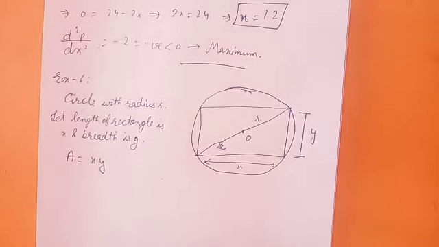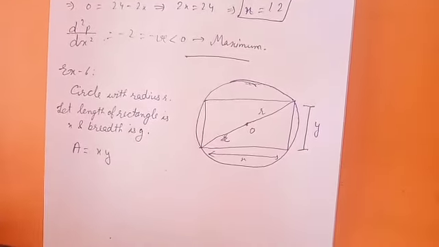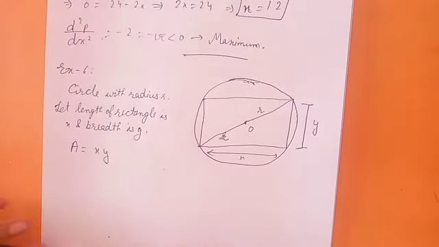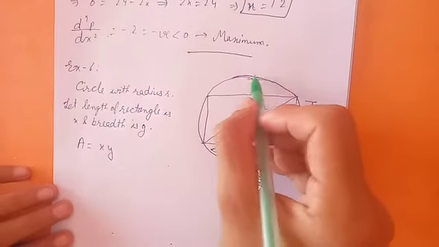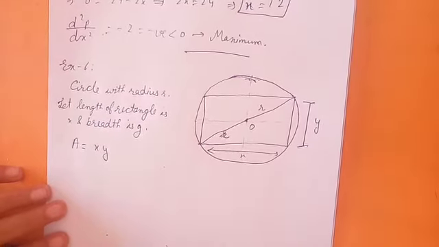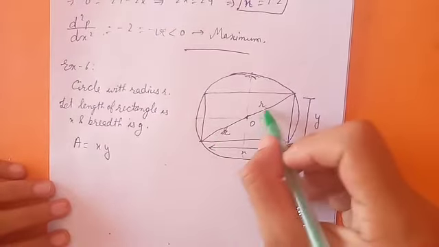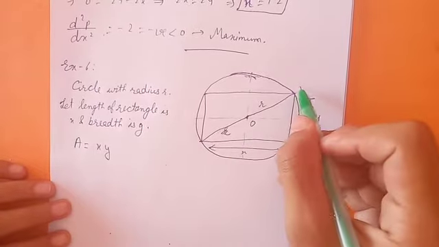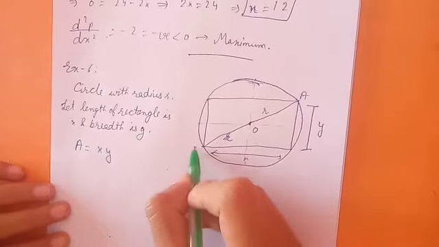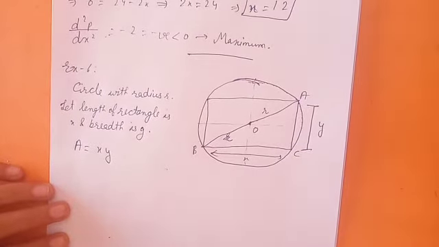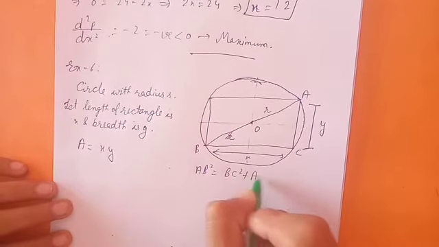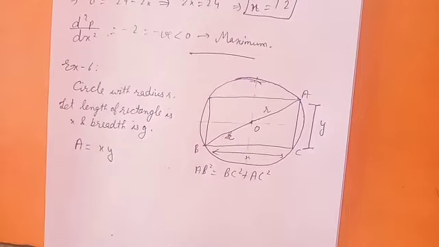Okay, now we have two variables. First of all, we will convert these both variables into one. Now if we look in the figure, if we consider this triangle, say ABC, in this triangle AB square will be equal to BC square plus AC square, Pythagoras theorem.